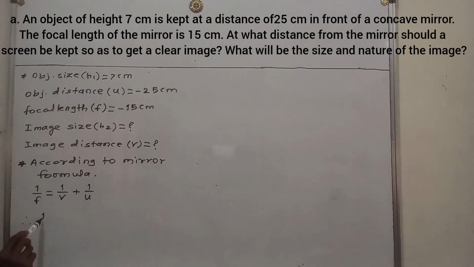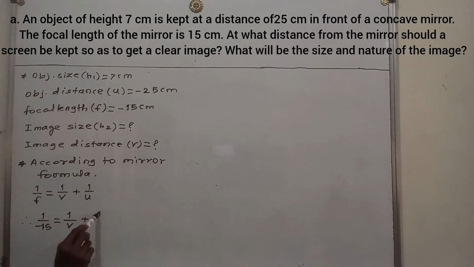Therefore, 1 upon f. What is f? Minus 15, not 15, is equal to 1 upon v, we don't know, plus 1 upon u, minus 25.